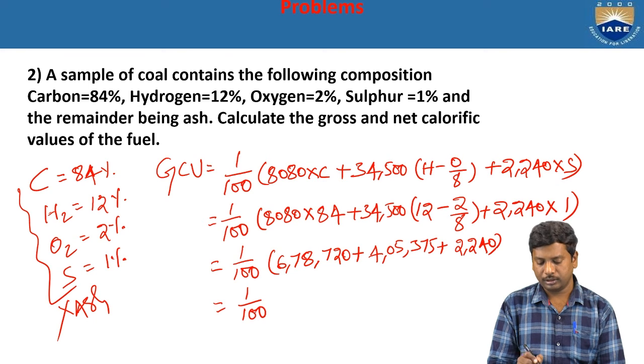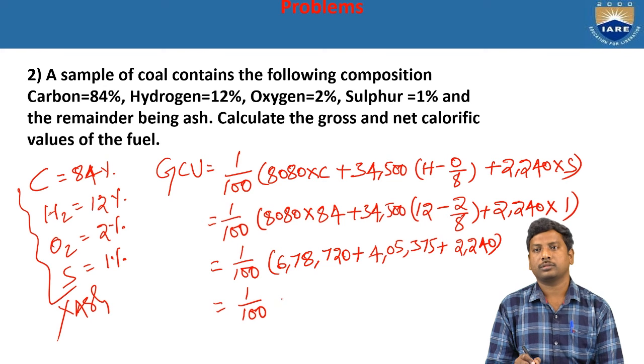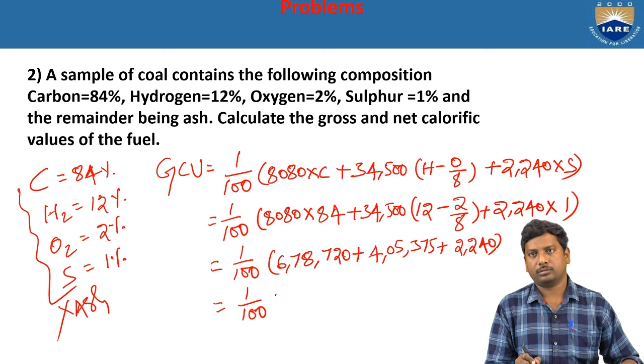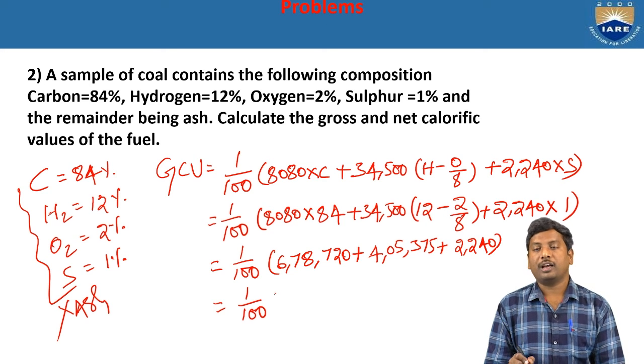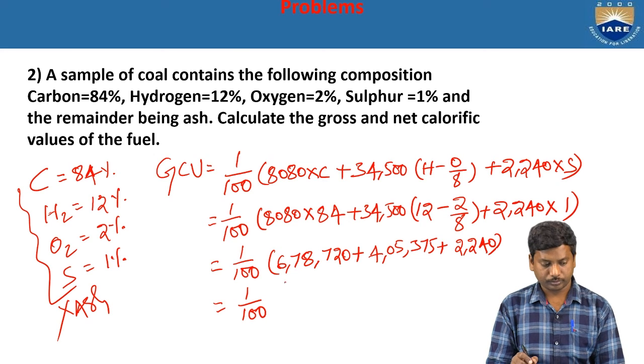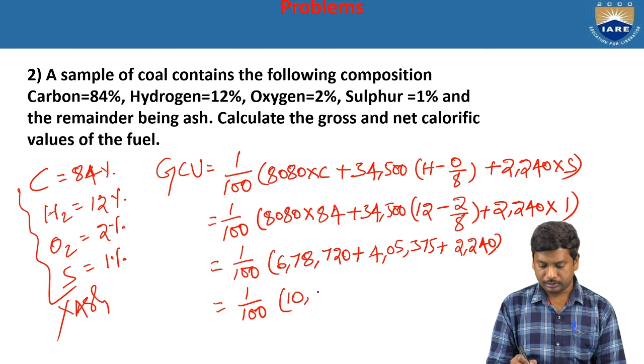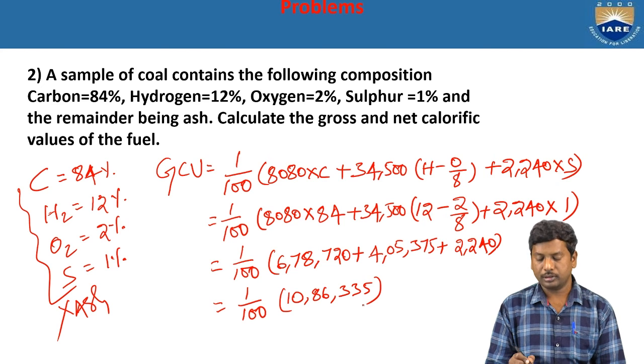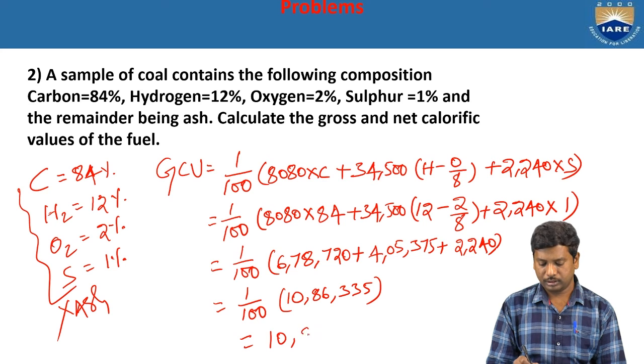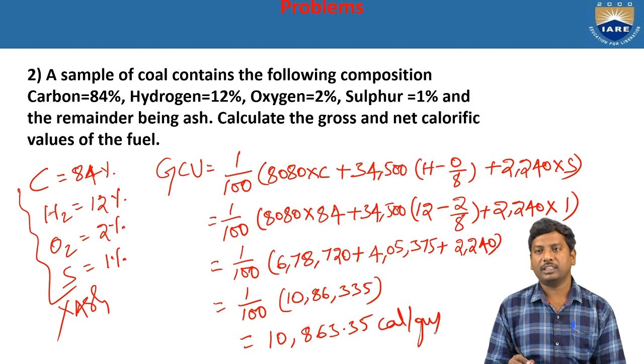By the combination of these three values, we get 1 by 100 into nearby 10,86,335. Dividing by 100, we get 10,863.35 calorie per gram. So this is the determination of gross calorific value.